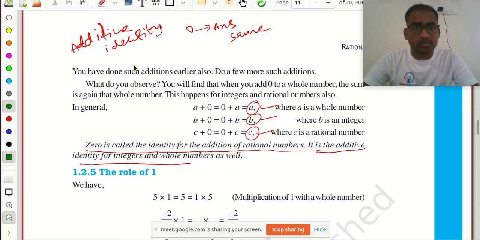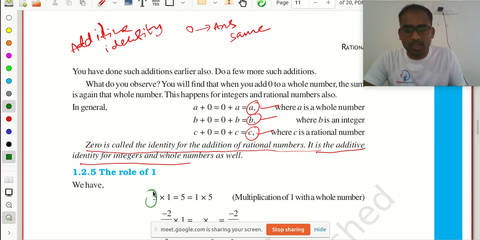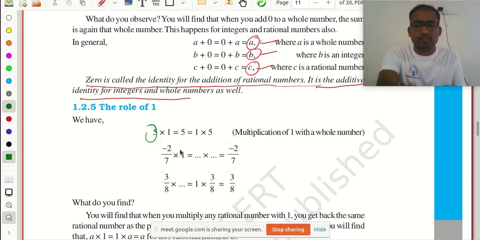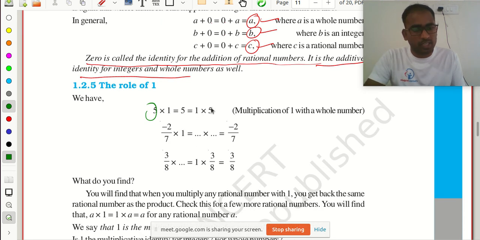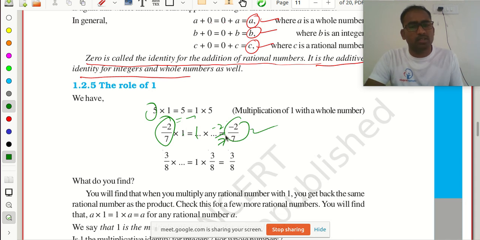After multiplication with 1, my answer is the same only. See here, 5 multiplied by 1 is 5. 1 multiplied by 5, my answer is 5 only. Minus 2 by 7 into 1, or 1 into minus 2 by 7, my answer is minus 2 by 7 only. 3 by 8 multiplied by 1, or 1 multiplied by 3 by 8, my answer is 3 by 8 only.